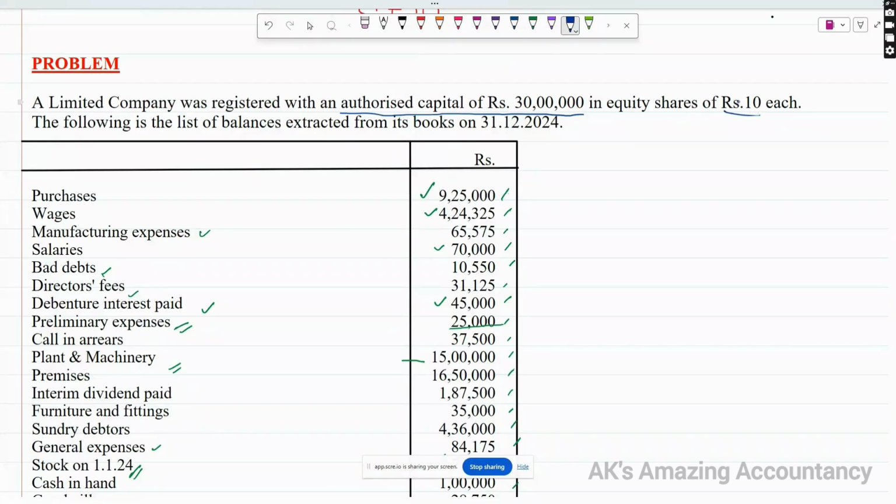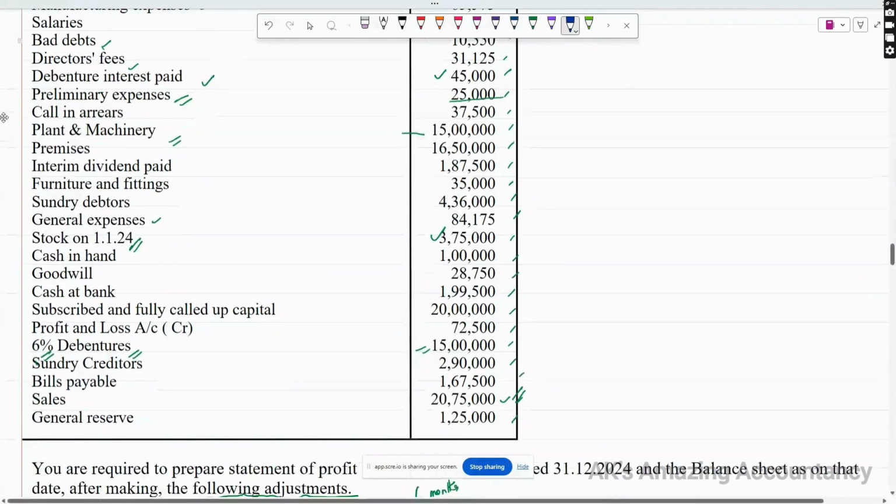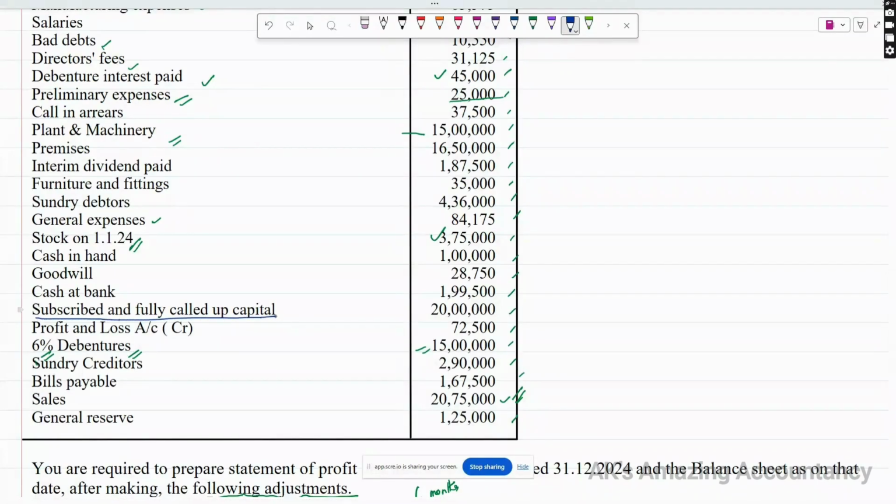So we have to record the authorized capital. And apart from the authorized capital, you are given subscribed and fully called up capital, that is 20 lakhs.